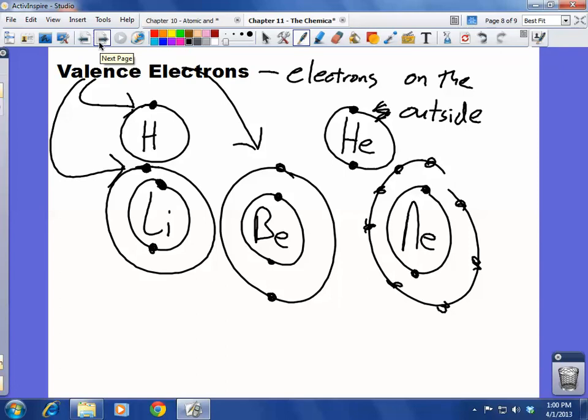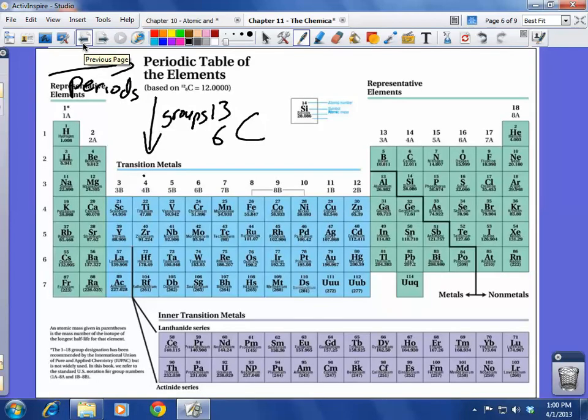All I have to do is look at the periodic table and say, okay, iodine. Iodine is in group 7A, so it has 7 valence electrons. Okay. Boron's in group 3A, so it has 3 valence electrons. That's it. Not too bad.